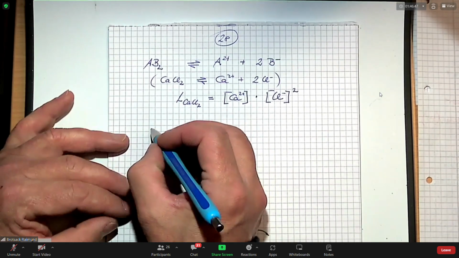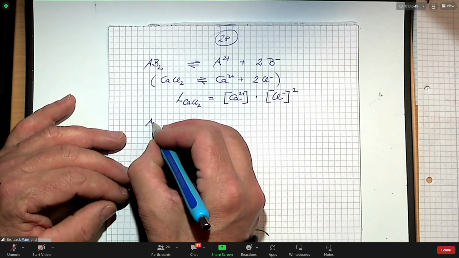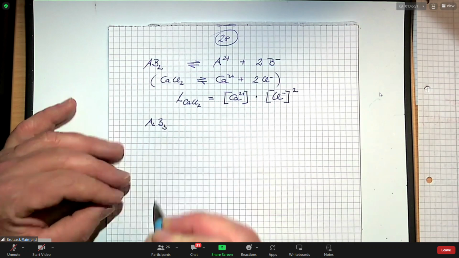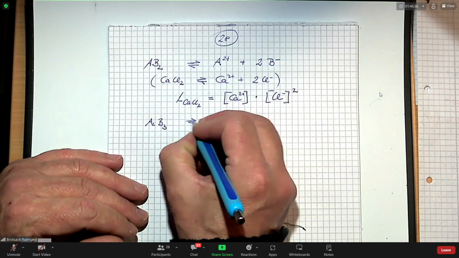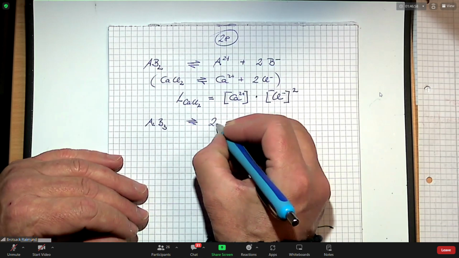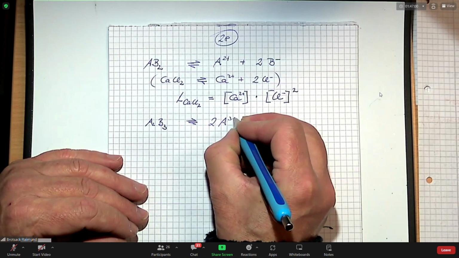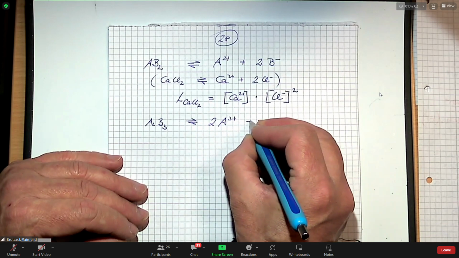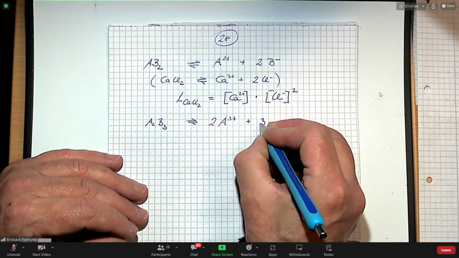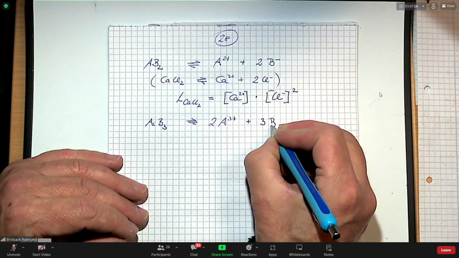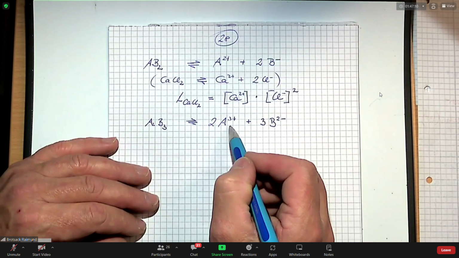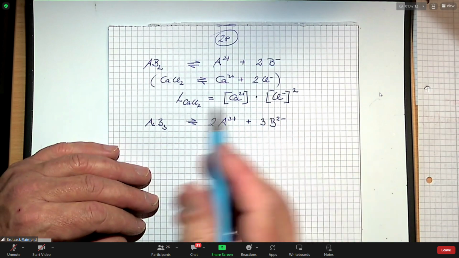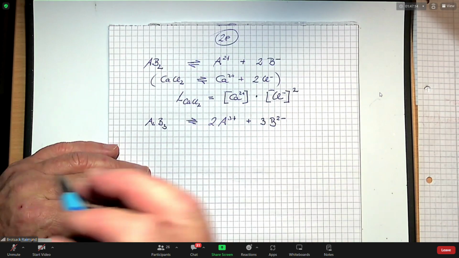We even had another example, the A2B3 type. Now we have 2 A3 plus cations plus 3 B2 minus ions. 2 times 3 plus is plus 6. 3 times 2 minus is minus 6. That's fine.